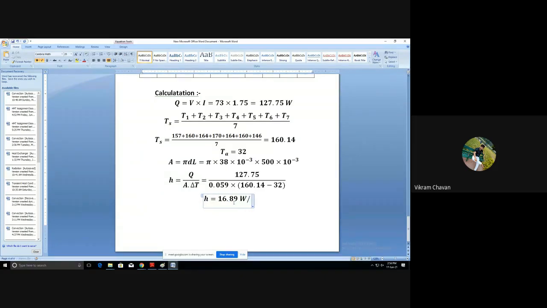Its unit is watt per meter square Kelvin or degree Celsius, any unit you can use.